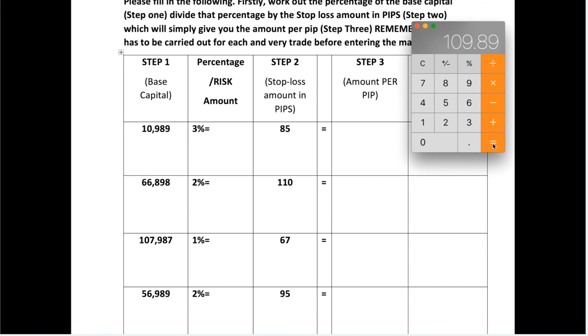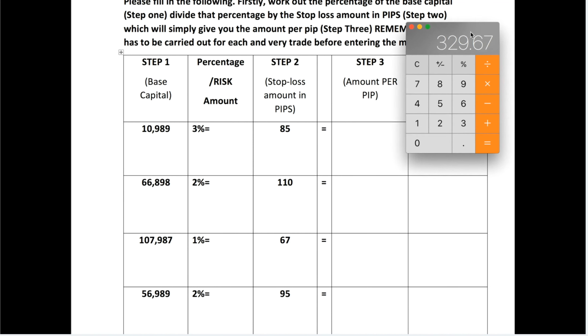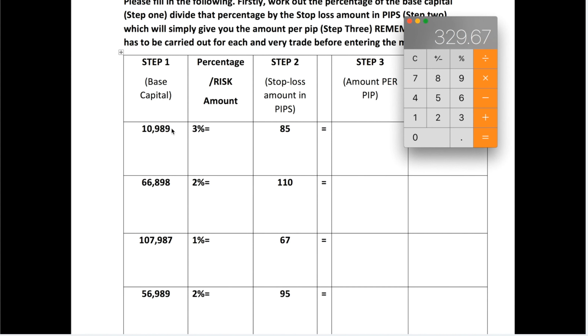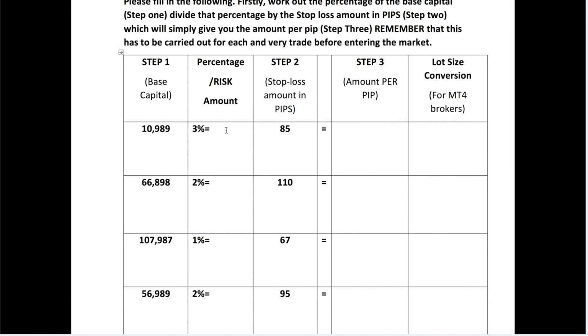We want 3%, so we times it by 3, which equals £329.67, or dollars, whatever it may be, Canadian dollars, yen. It's not really relevant. So 3% of 10,989 is £329.67. To make things easy on yourself, round it up to the nearest 10. In this case, I'm going to say 330. Cool.